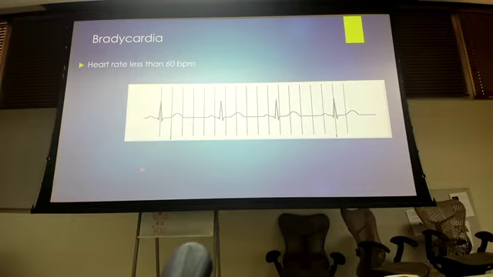All right, so here is a heart rate. We've got our dark black lines that are determined for us here. Okay, sir, what do you think if you're looking at this and I tell you this is a 6-second strip?